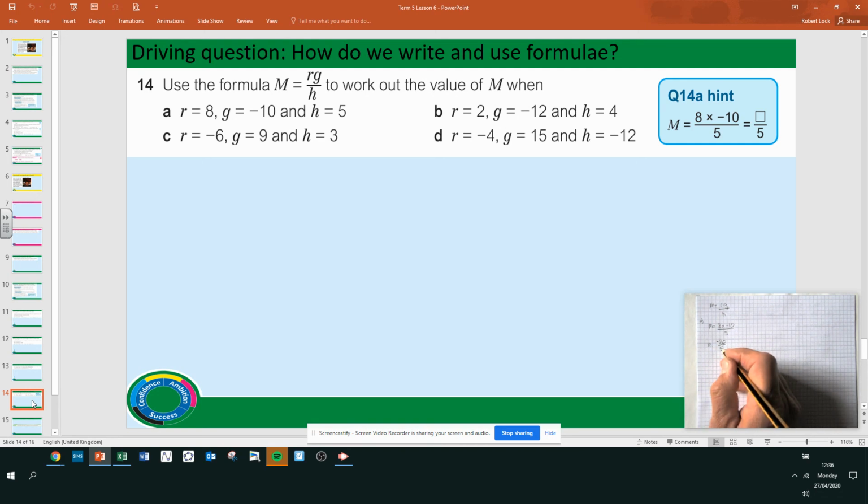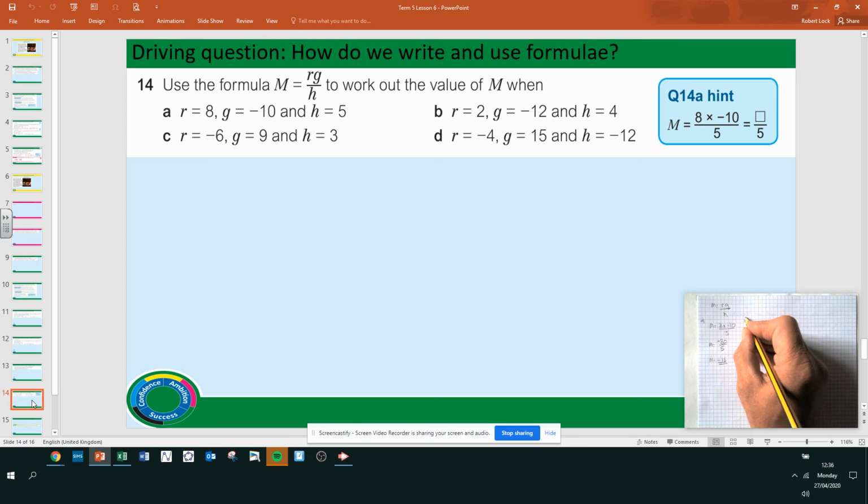Now I know there are 2 fives in 10, so it'll be 16. 8 times 2 is 16. So M equals minus 16.